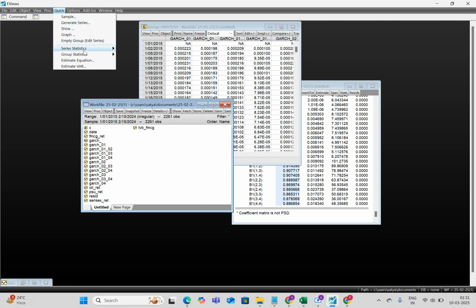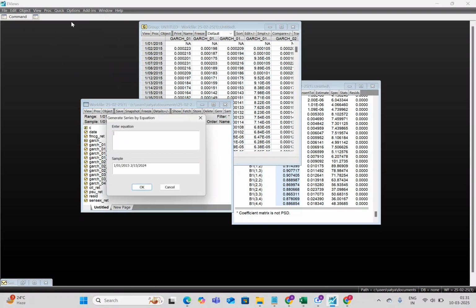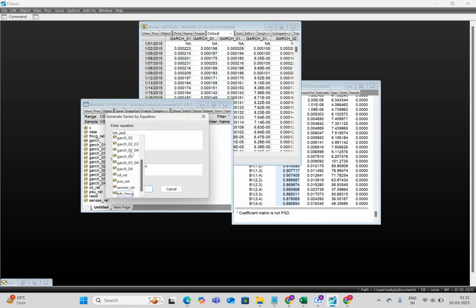Let us do it for PSU. We go to generate series. We do TVB PSU equals to. So PSU was GARCH 1-2 divided by GARCH 1.